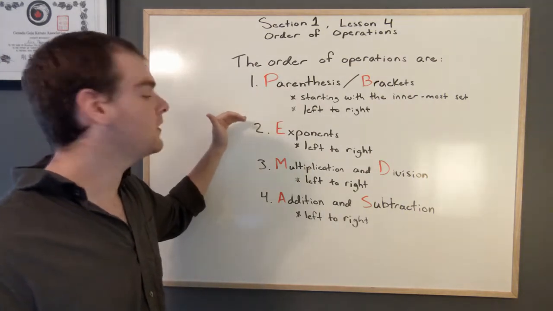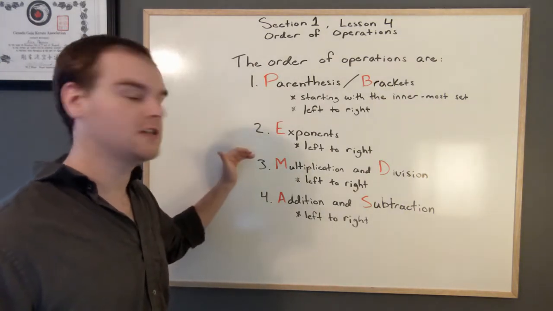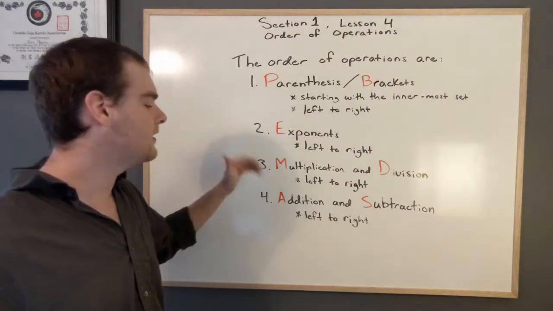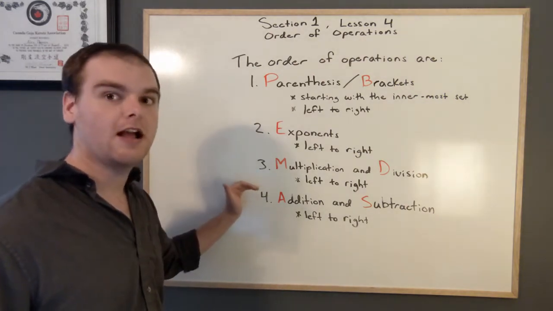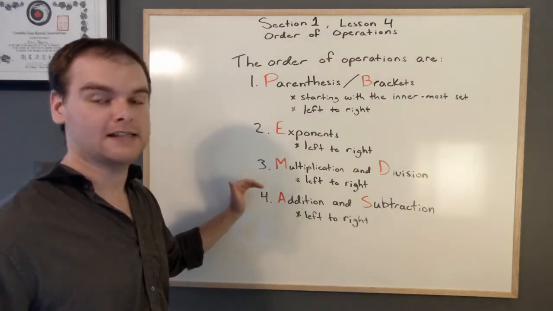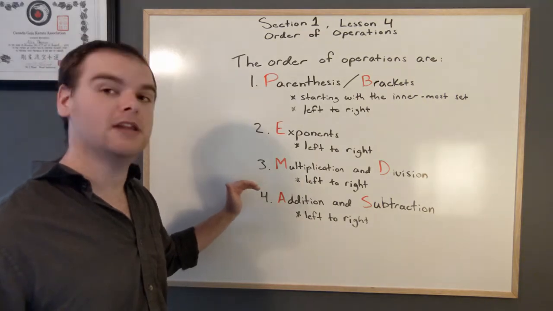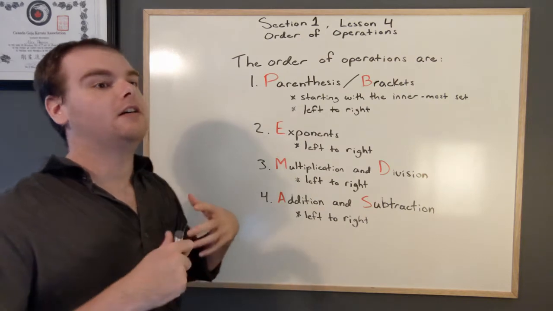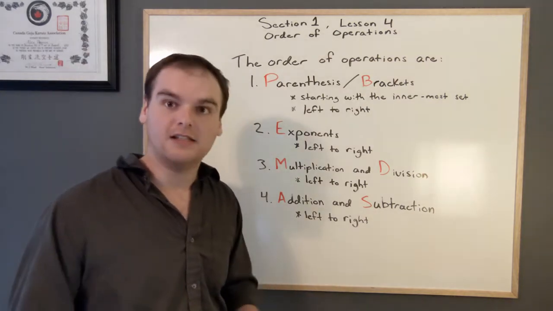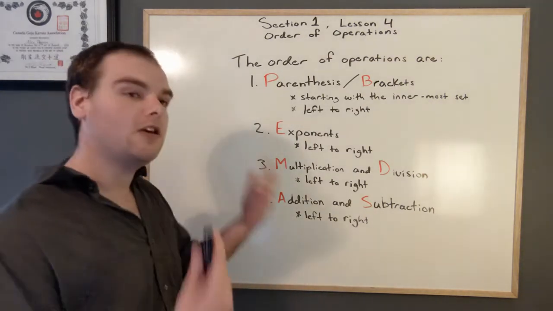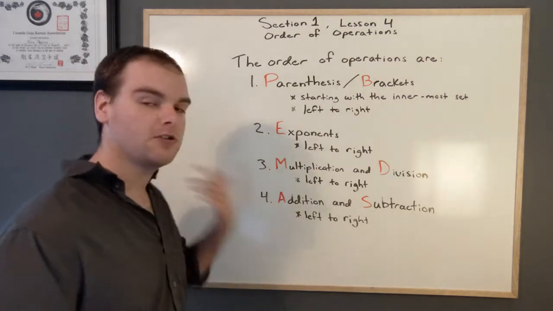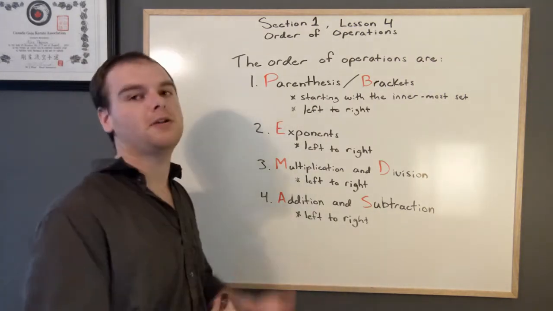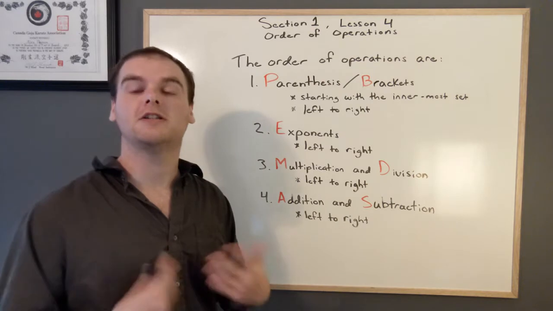If there aren't any more exponents, then we move on to multiplication and division. Once that is done, we do the addition and subtraction, and that would finish off the nested brackets. We would then go to the next nested set of brackets, and finish the brackets, and then go to the larger expression at hand and ask ourselves, are there any more exponents? You would work your way through the list multiple times until you eventually solve the problem.